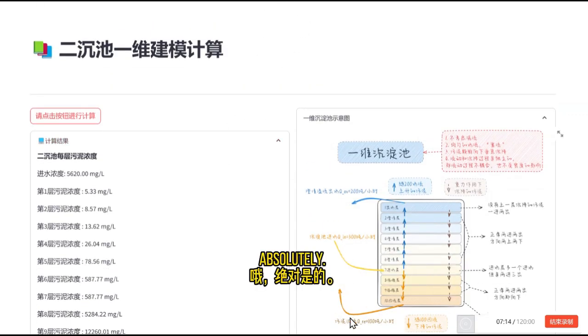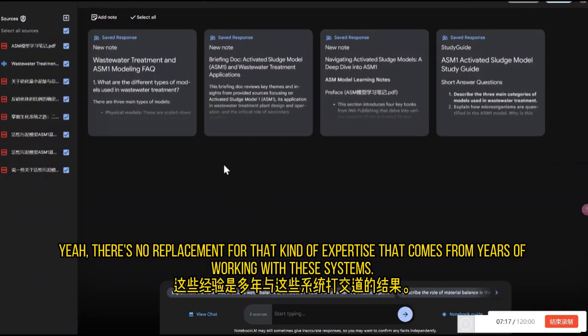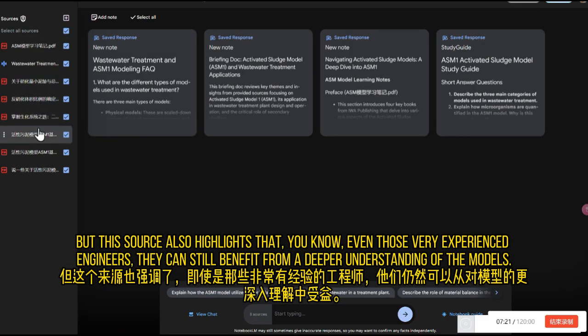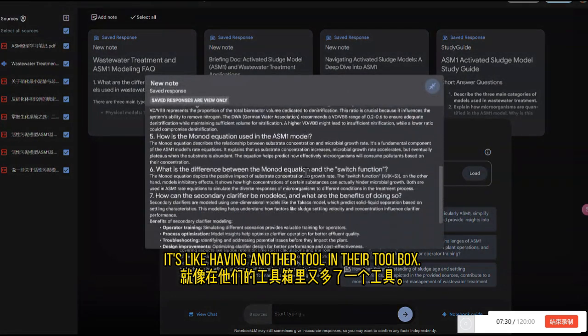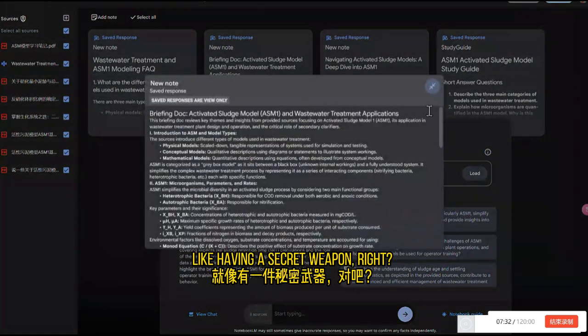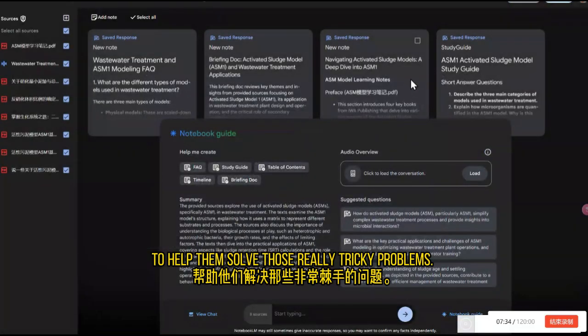Absolutely. There's no replacement for the expertise that comes from years of working with these systems. But even very experienced engineers can still benefit from a deeper understanding of the models. It's like having another tool in their toolbox, a secret weapon to help them solve those really tricky problems.